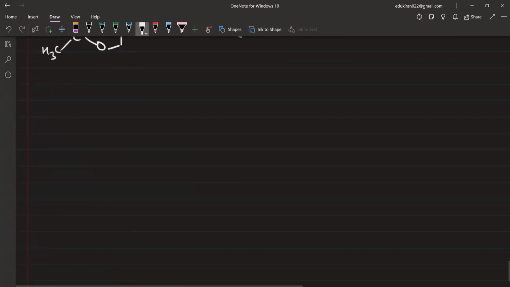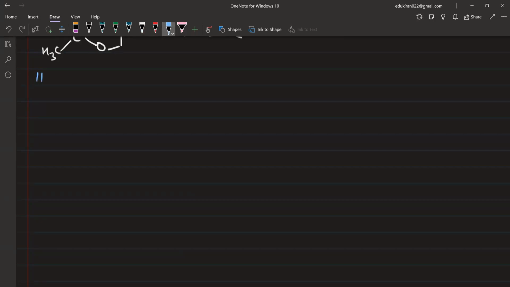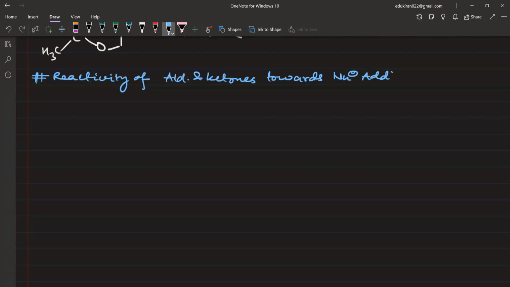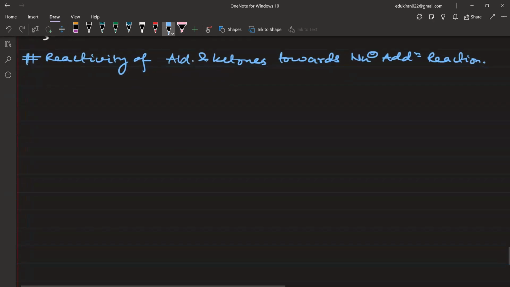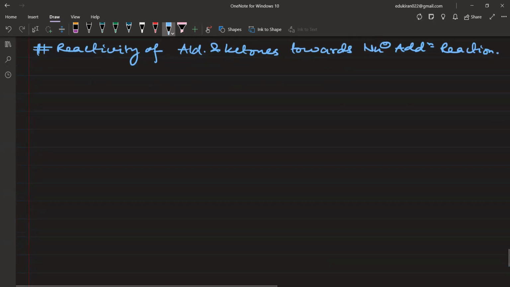Now we want to compare the reactivity of aldehyde and ketones towards nucleophilic addition reaction. So please write reactivity of aldehyde and ketones towards nucleophilic addition reactions.